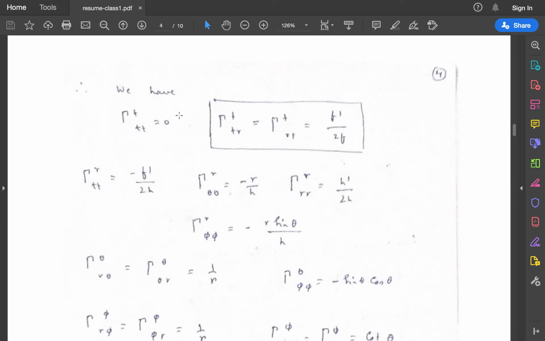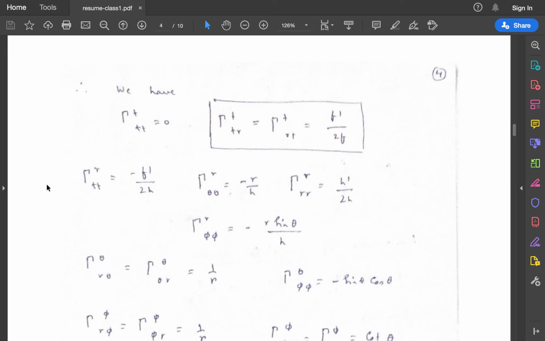If I put in all these values, we will see that gamma^t_tt will be 0. The only non-vanishing components for t are gamma^t_tr, which is equal to gamma^t_rt because this is a symmetric metric, and equal to f dash by twice of f.